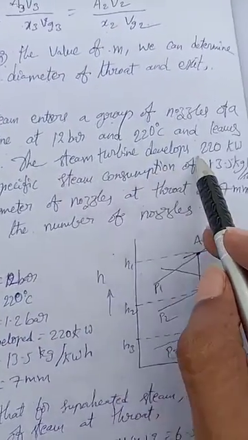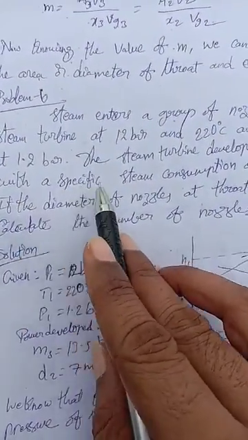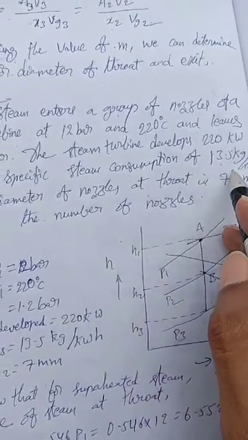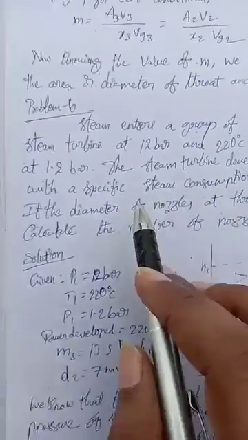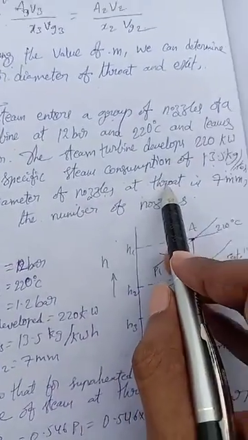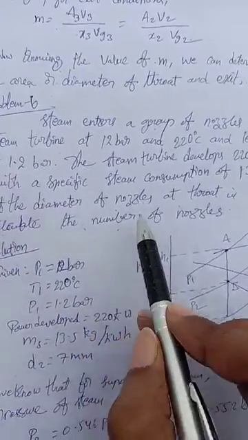The steam turbine develops 220 kilowatts with a specific steam consumption of 13.5 kg per kilowatt hour. If the diameter of nozzle at throat is 7 mm, calculate the number of nozzles.